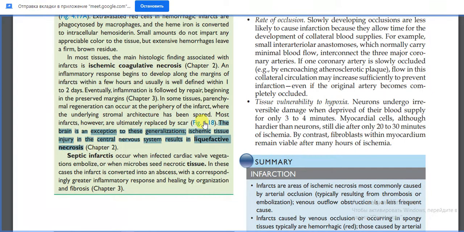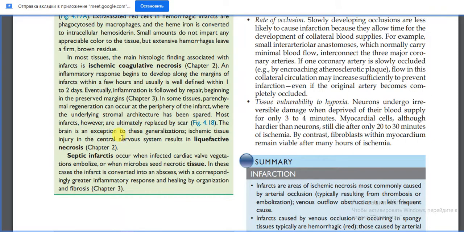In cell damage, the brain is an exception to these generalizations. Ischemic tissue injury in the central nervous system results in liquefactive necrosis, as I said before. It happens due to the abundance of fats in this area and the activity of microglial cells in the brain tissues, which facilitate liquefaction, the destruction of this.